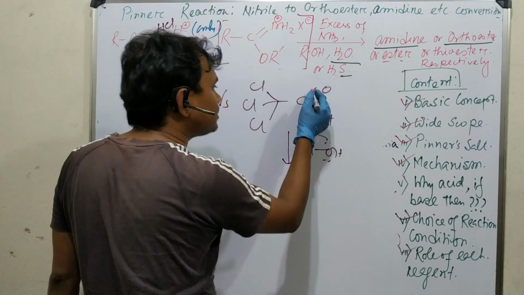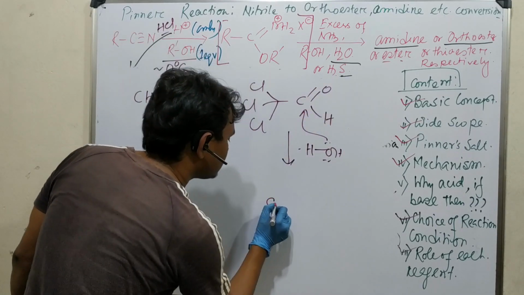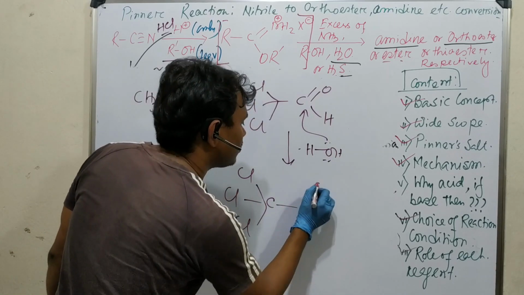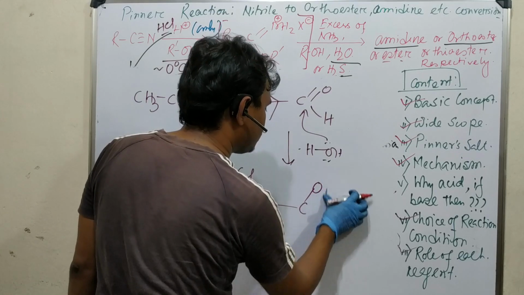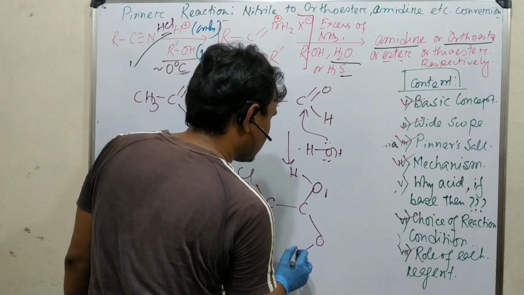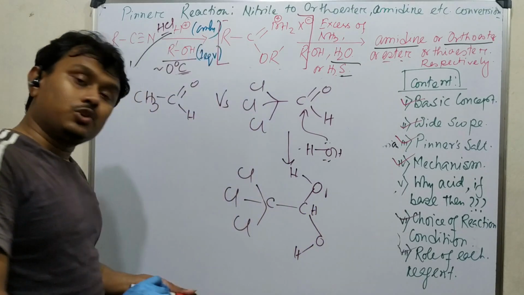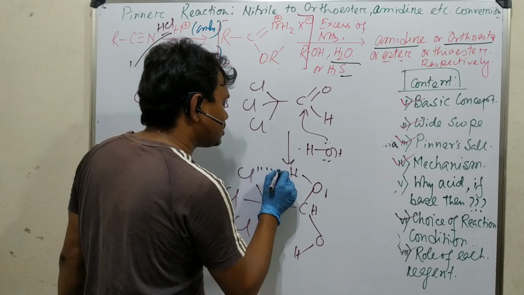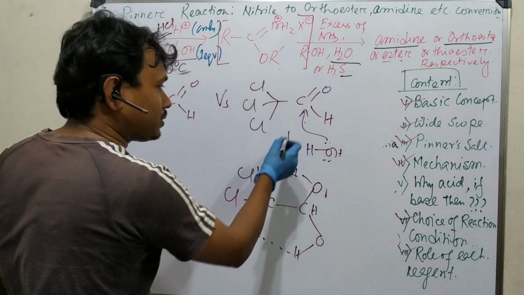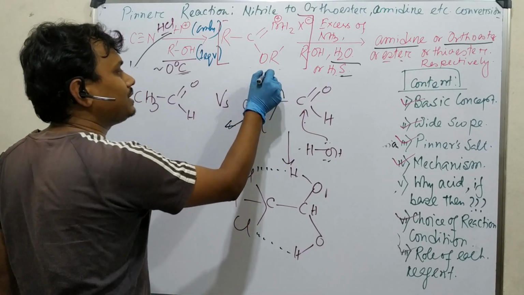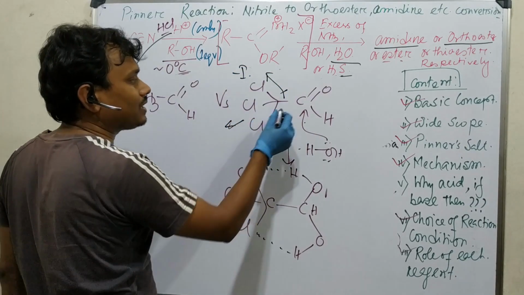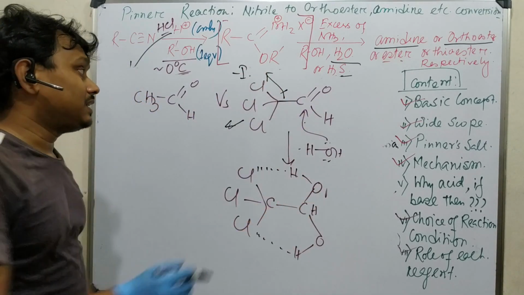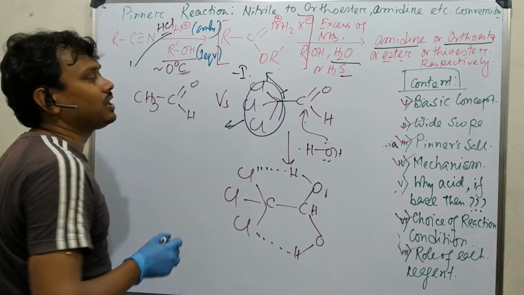It is instantly converted in the medium, giving CCl3CH(OH)(OH), which forms a hydrogen bond. Why is this attack possible? Because of the minus I effect of the Cl.